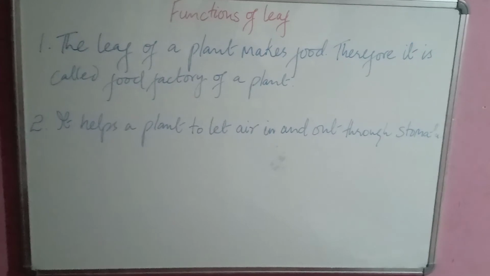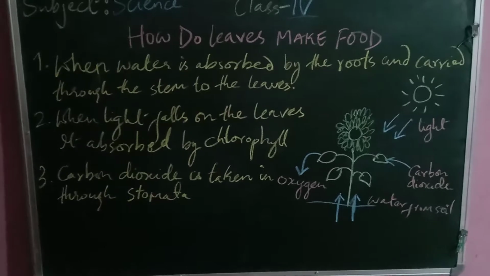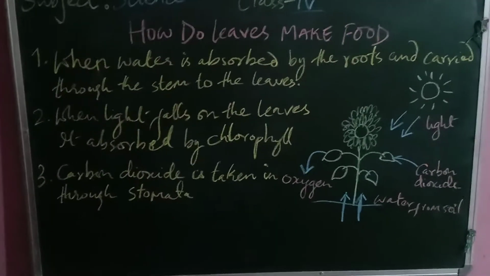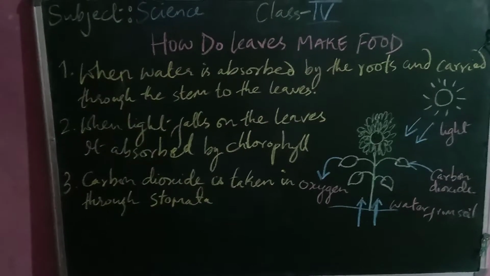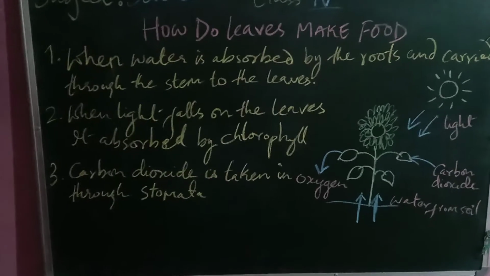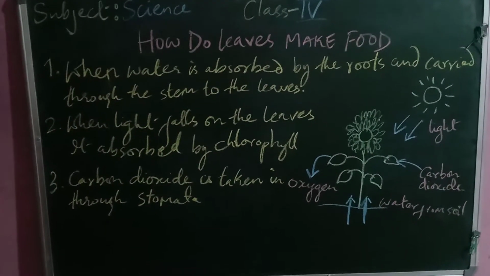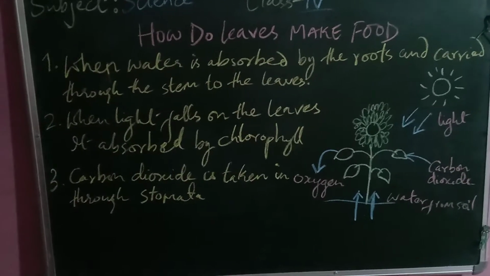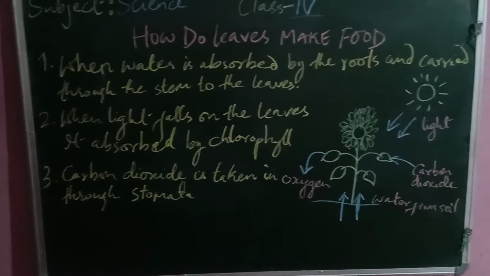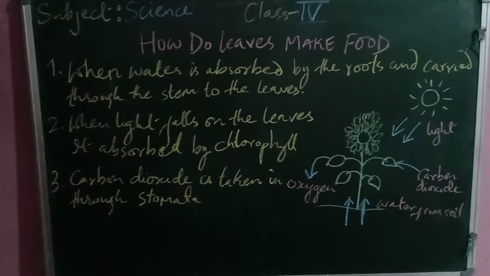The next topic we have is how do leaves make their food. Green plants make their own food with the help of chlorophyll present in their leaves. They use light, water and carbon dioxide present in the air as raw materials to make their own food. These raw materials are obtained through the process given below.